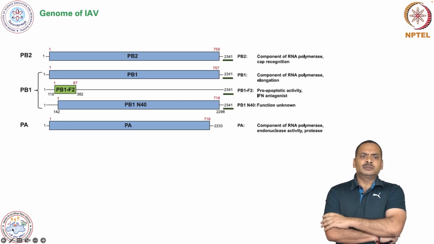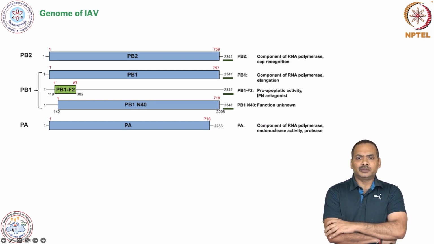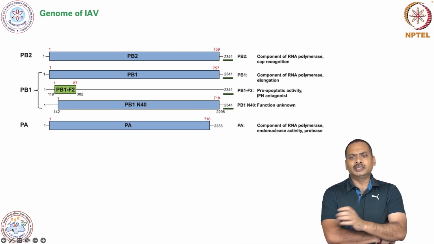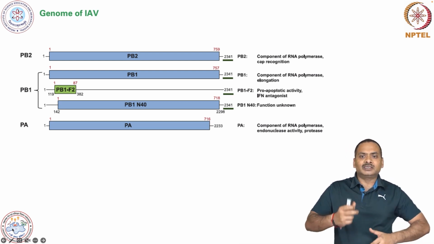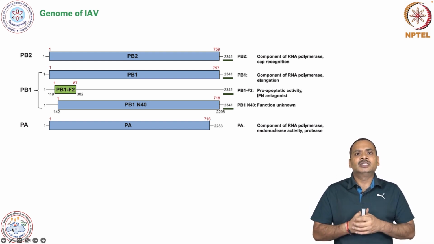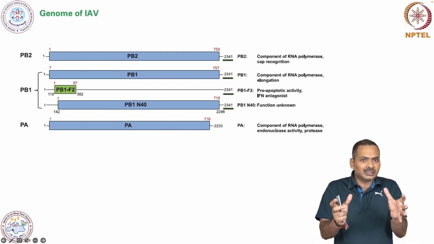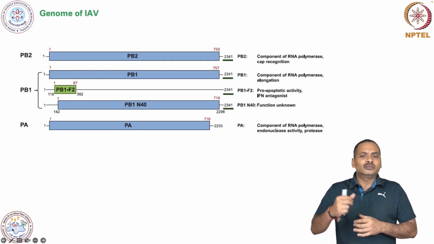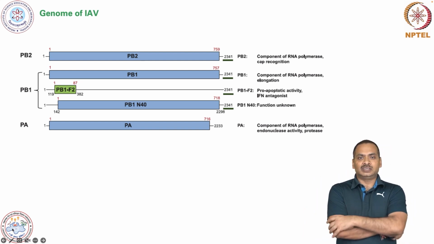The last is PA, a component of RNA polymerase with endonuclease activity and protease activity. So all these 3 proteins are involved in RNA polymerase, basically an RNA polymerase with different additional activities.